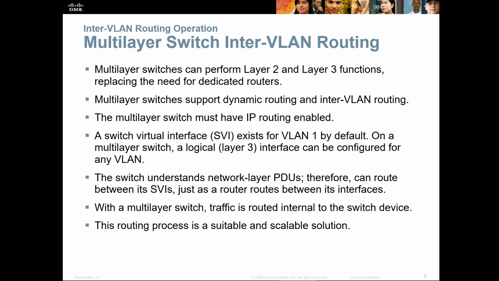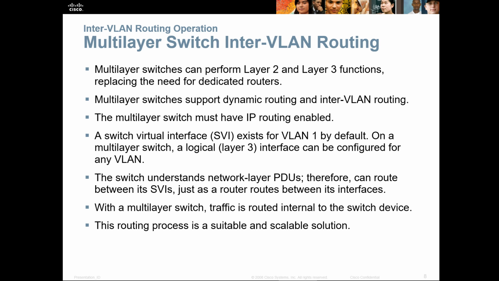What about if we have multilayer switches? And how does that affect inter-VLAN routing? Multilayer switches can perform Layer 2 and Layer 3 functions. So, again, we're going to get rid of tying the Layer 3 function to a router, using another Layer 3 device, a Layer 3 switch in this regard.